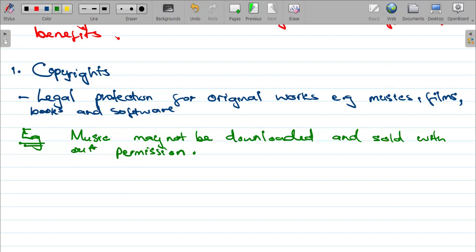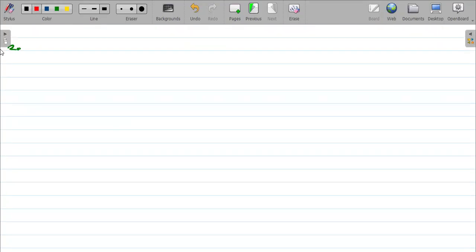So you have what we call patents. Patents are the exclusive rights granted to new inventors for new inventions or processes.